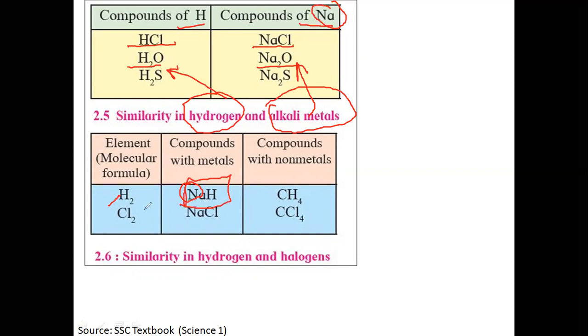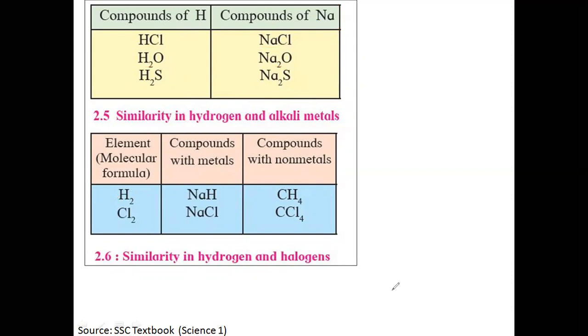Similarly with chlorine, it forms NaCl. So with chlorine or with sodium, hydrogen forms the same type of molecular formula. That means hydrogen resembles chlorine in properties. So this is the reason we can't fix the position of hydrogen in Mendeleev's periodic table.